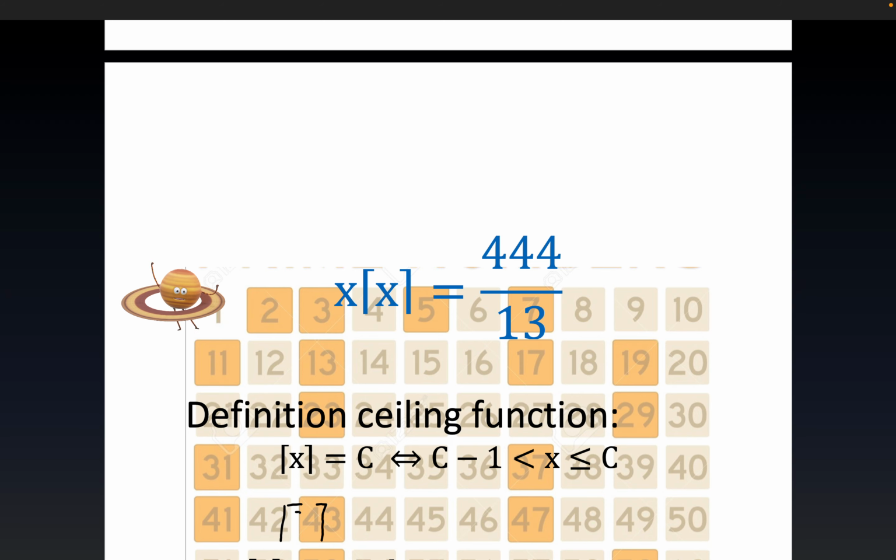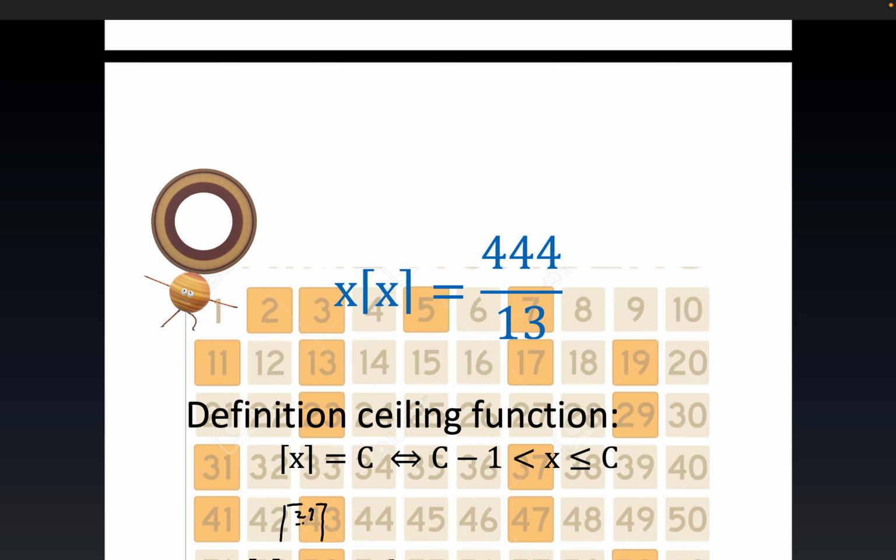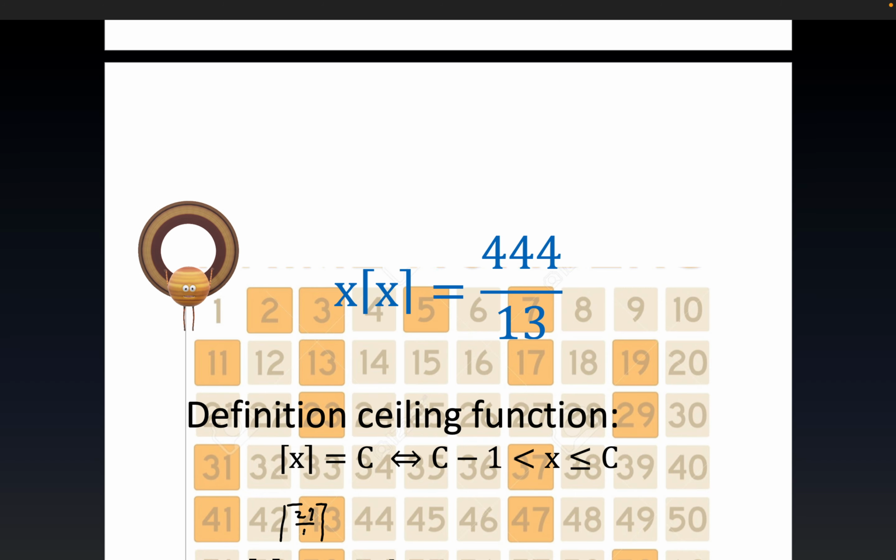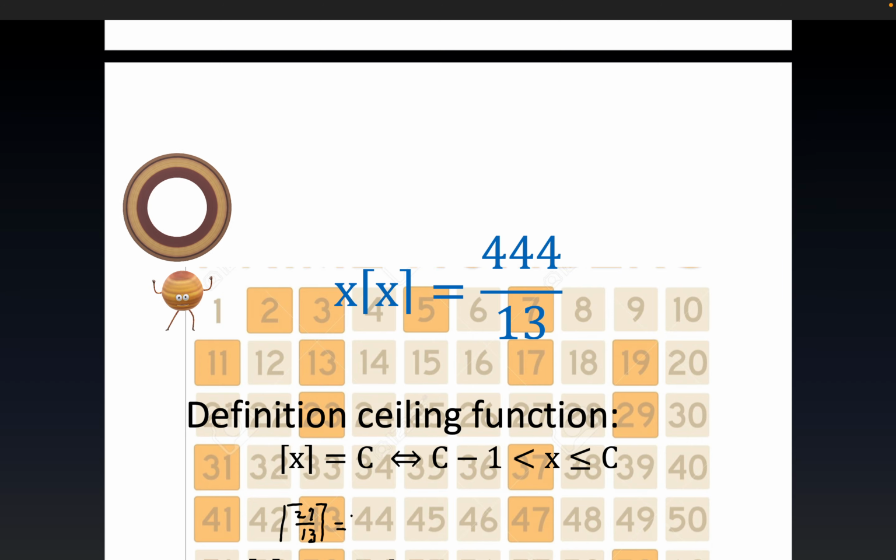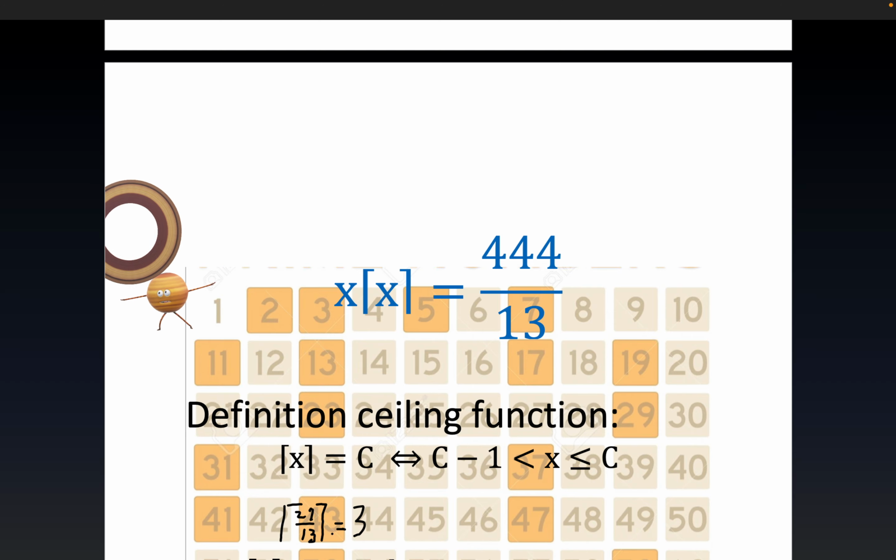Let's say something easy I can compute here, 27 over 13. Now, notice this is just a whisker above 2, right? But the ceiling function sends you to the next integer. So this would be 3, okay? If this were the floor function, it would be 2, of course, okay?